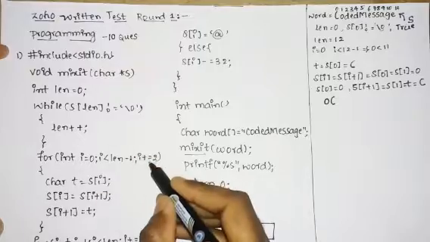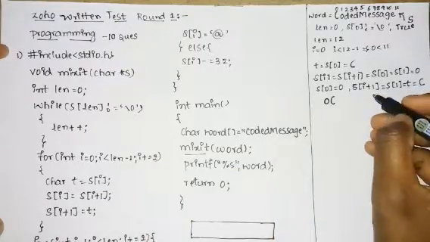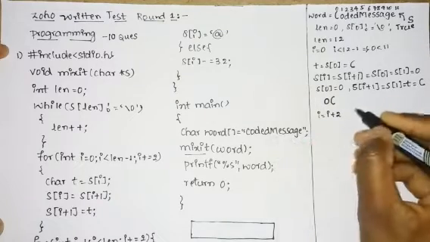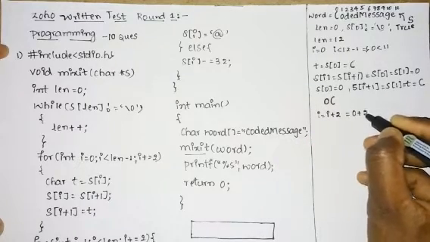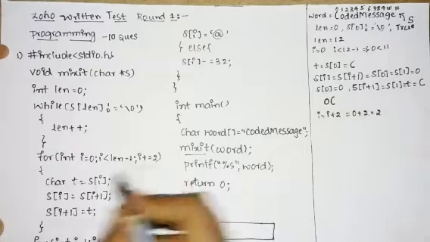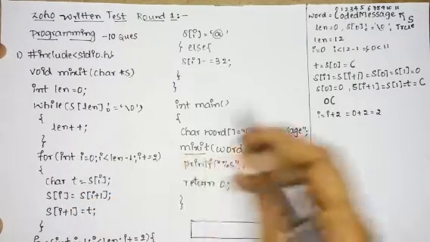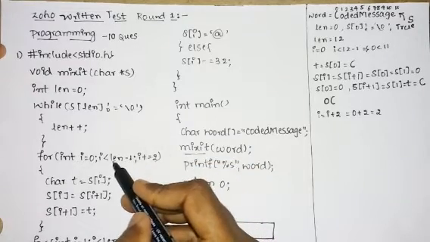Similarly, next i is incremented, that is i is equal to i plus 2. Initially i was 0, plus 2, it is 2. So now i is equal to 2, and 2 is less than 11, that is len minus 1, so the condition is true.